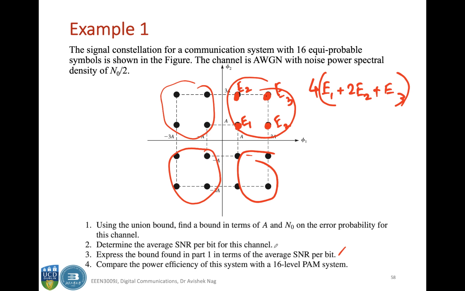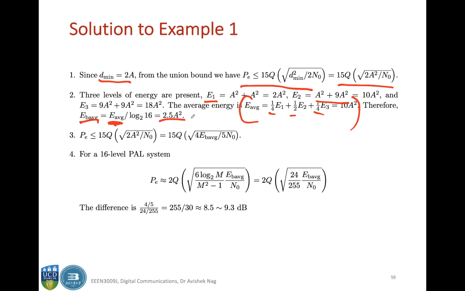Determine the average SNR per bit for this channel. The average bit energy is calculated, so the average SNR will be EB average divided by N0, and this union bound that we calculated can be expressed in terms of EB average by N0 like this.